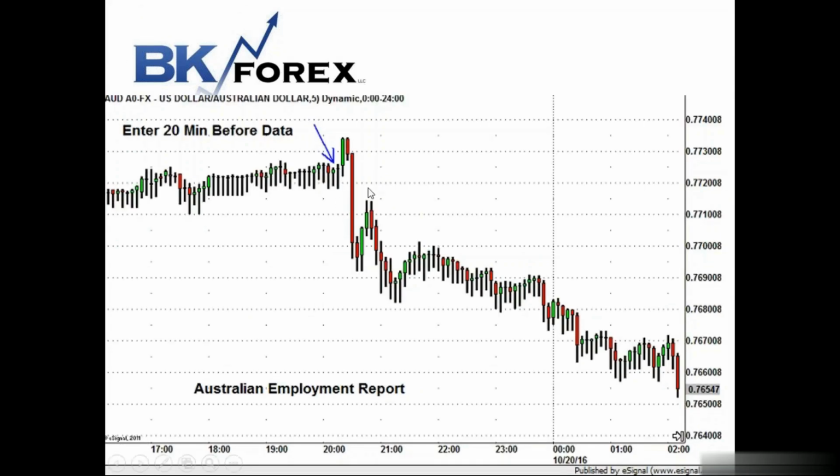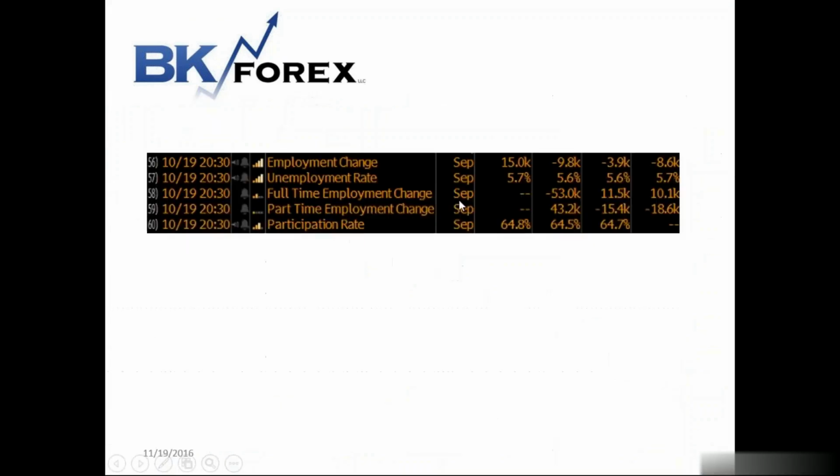In this case, we enter 20 minutes before the data, pretty much at 77.25, I would say. Even if your stop is at 40, you wouldn't have been stopped out. It did rally a little bit before it moved lower. Number comes out, and it's horrid. The employment change came out at minus 9.8 thousand.